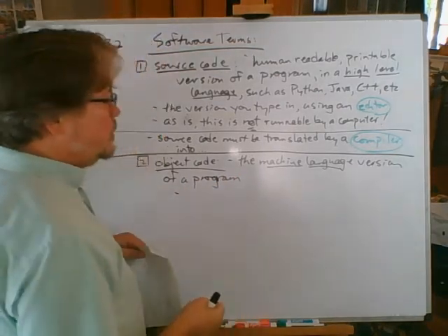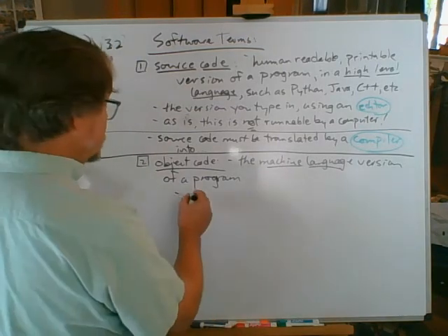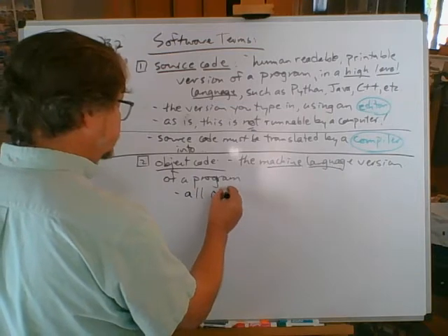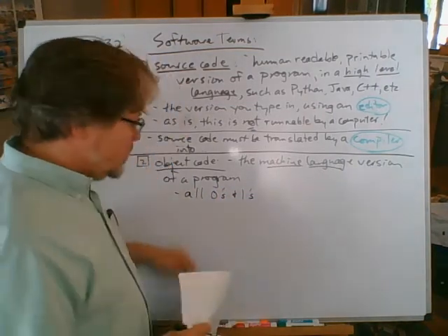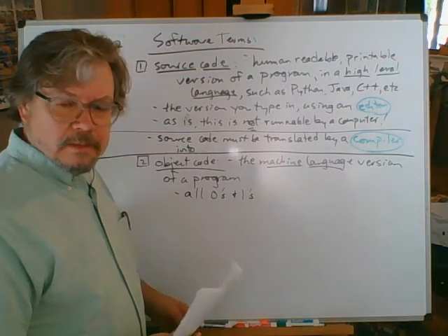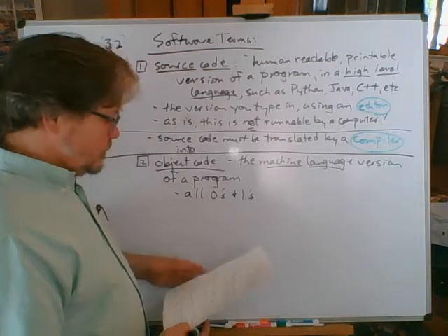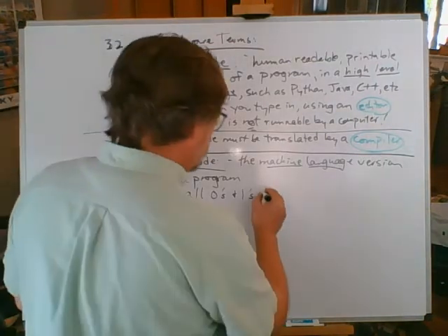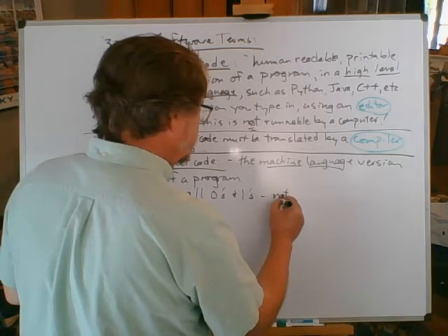The machine language version of a program. It means there are not any English words left around anymore. This is all zeros and ones. Those are instructions in zeros and ones, and maybe some data and some numbers mixed in. This is the computer talking there. Yeah, zeros and ones, I can handle that. But since it's all zeros and ones now, this is absolutely not human readable.